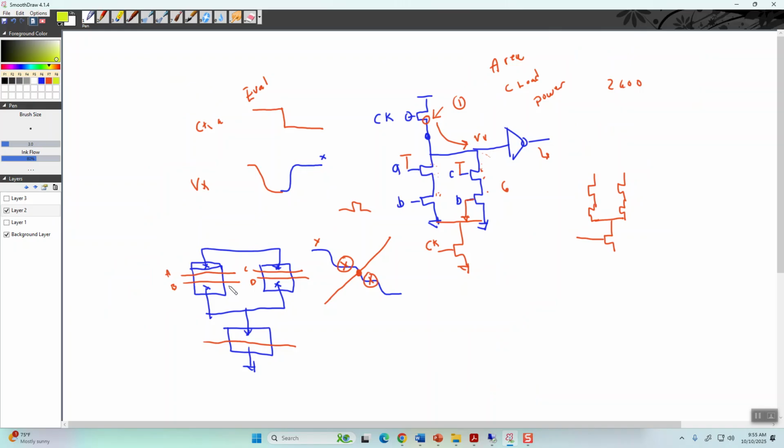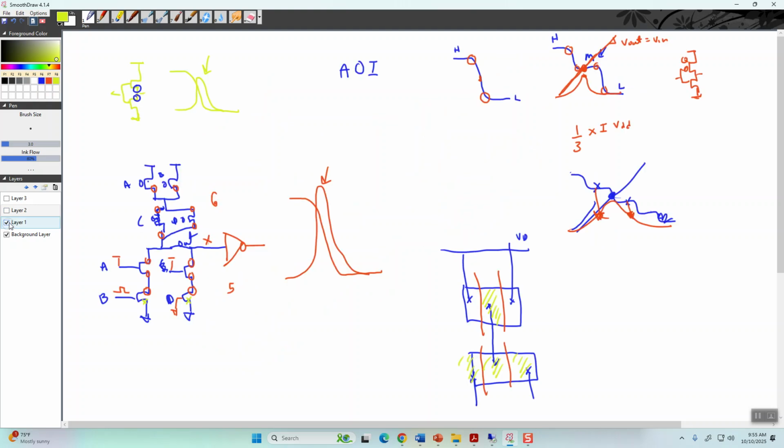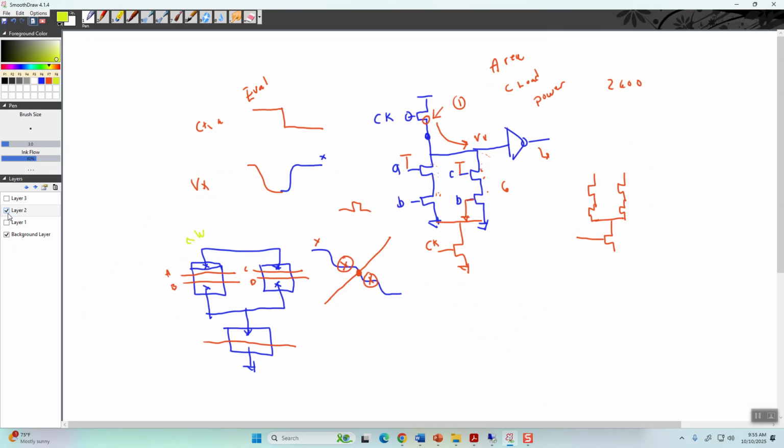This direction is the width, so just think of it as smaller. So all this is then removed.